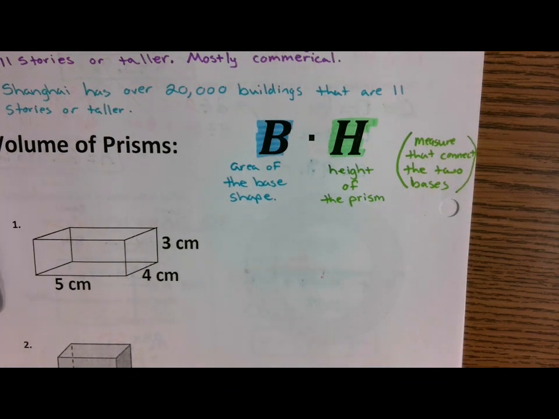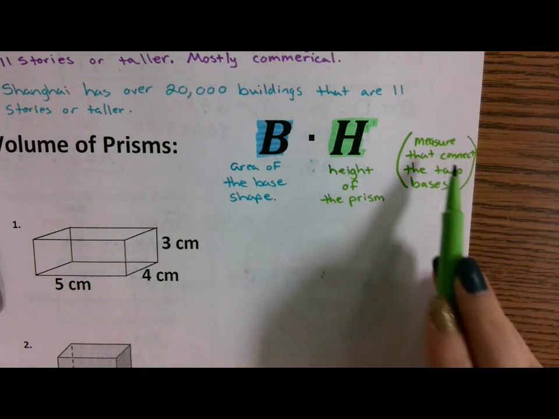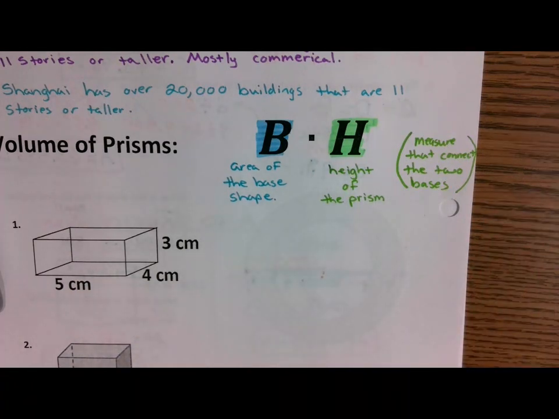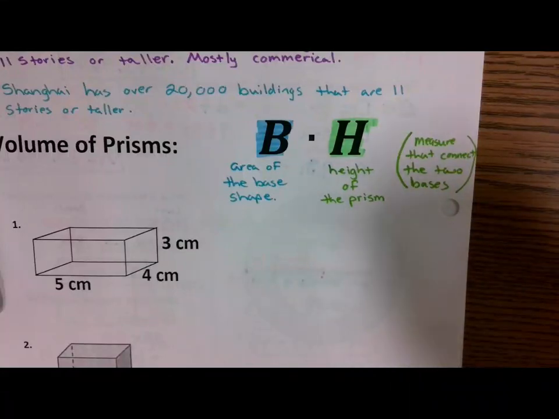Height, guys, and this is why I'm trying to make sure you understand the emphasis, height is not always from top to bottom. Height is not always going to look like top of the shape to the bottom of the shape. Height is what connects your prism. Height is what is connecting those two base shapes together. So sometimes your shape might be laying on its side.